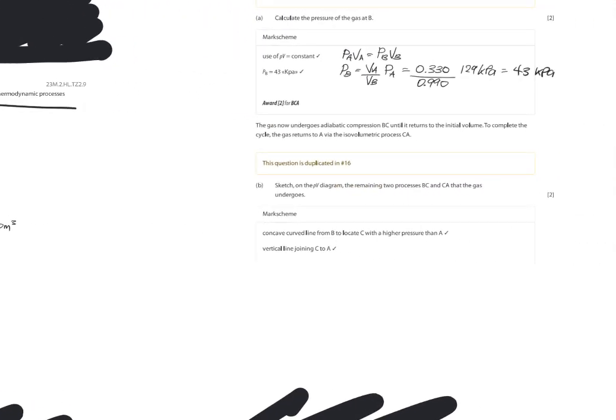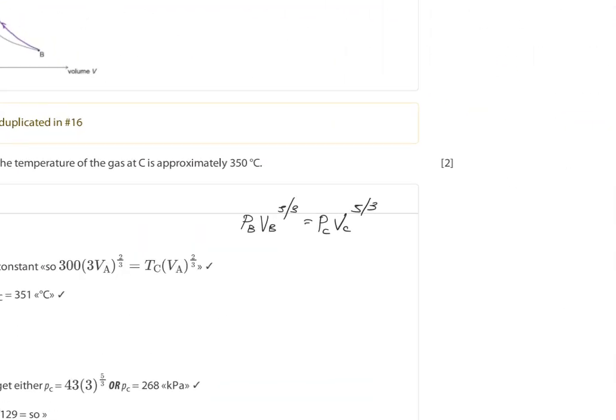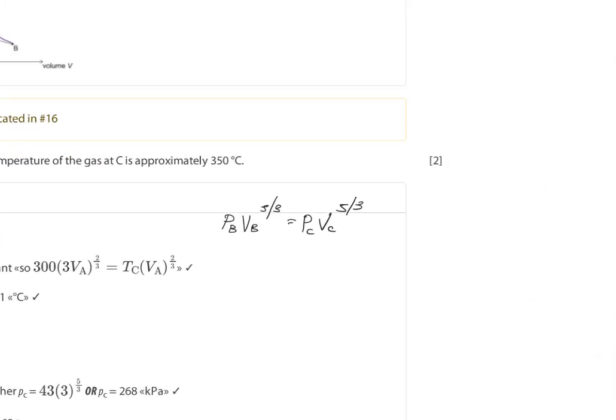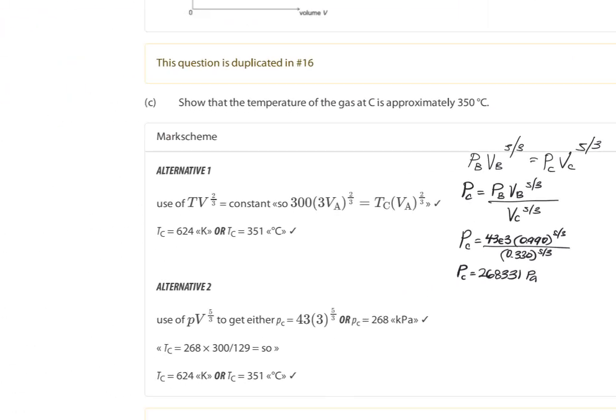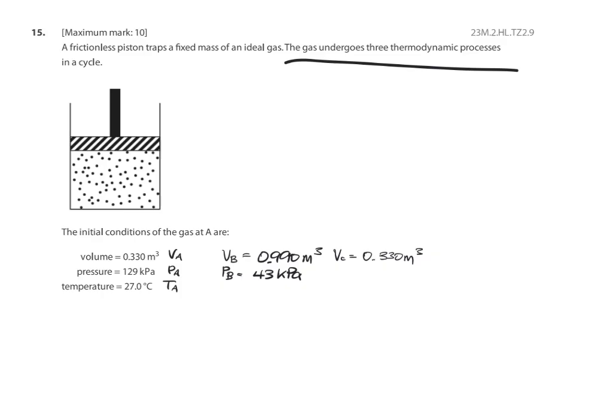So let's use the adiabatic expression to get the pressure at C. Here we are, this guy here. So using the numbers, I got the pressure at C, it's 268,331 pascals, or 268.331 kilopascals.